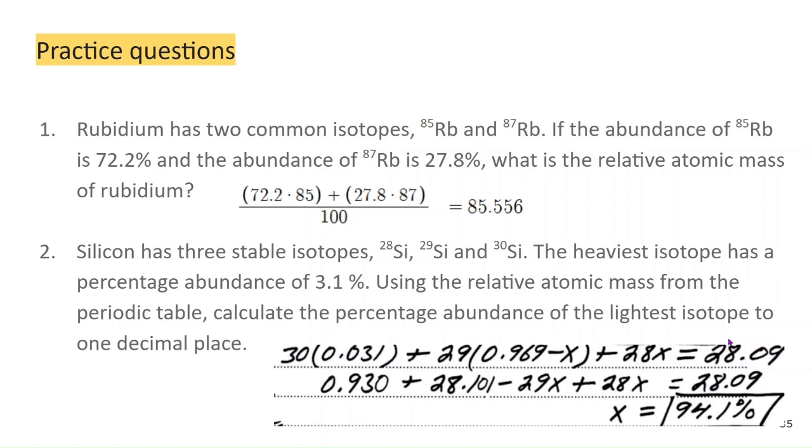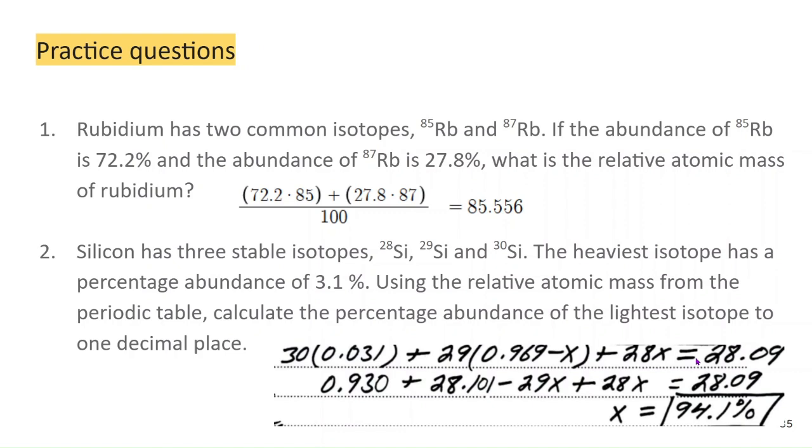So this is the average, which we know, and we know that silicon-30 has a percent abundance of 3.1%, which in decimal form is 0.031. We are looking for the percent abundance of the lightest isotope, so we're going to call that x.